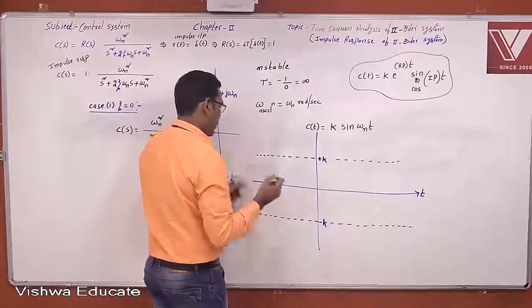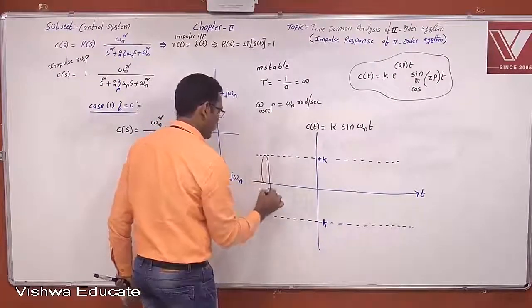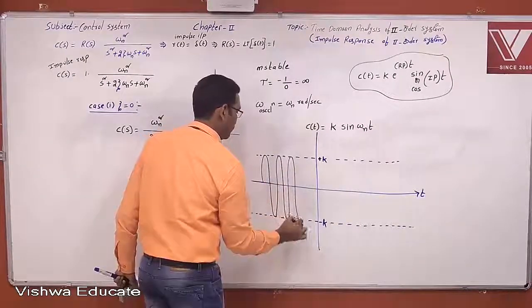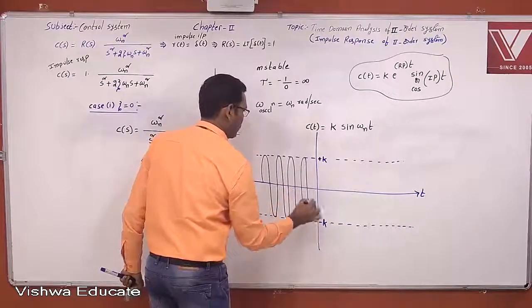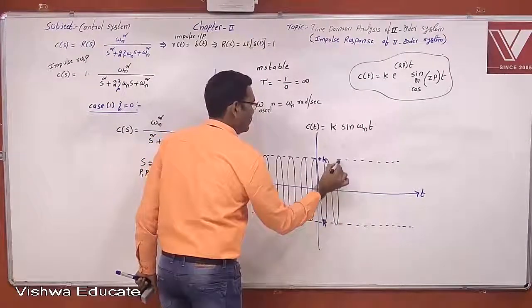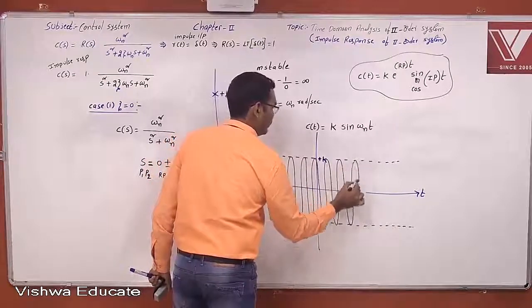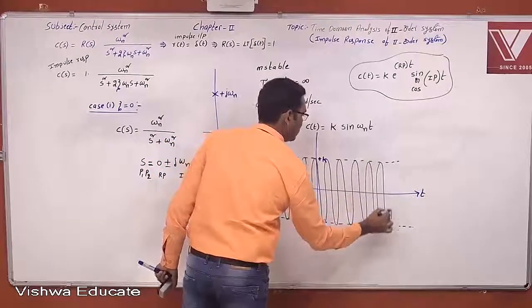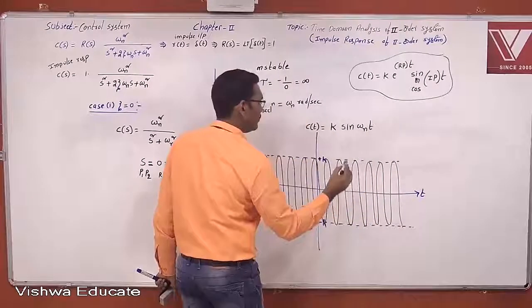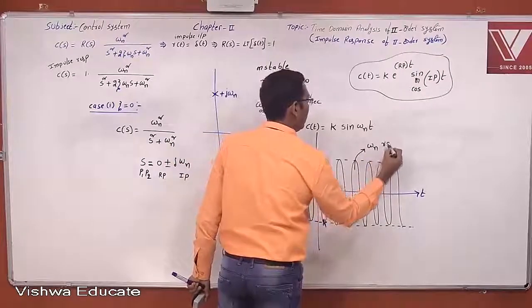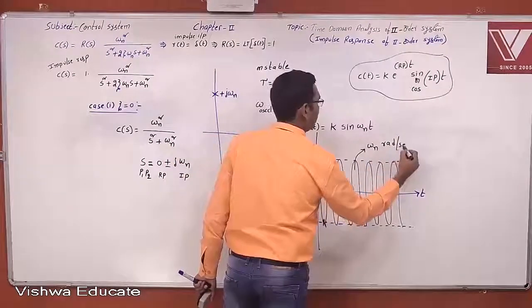And the frequency of oscillations is omega n radians per second.